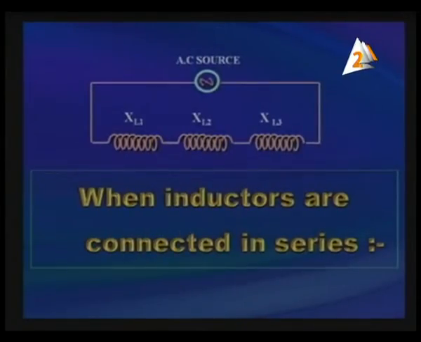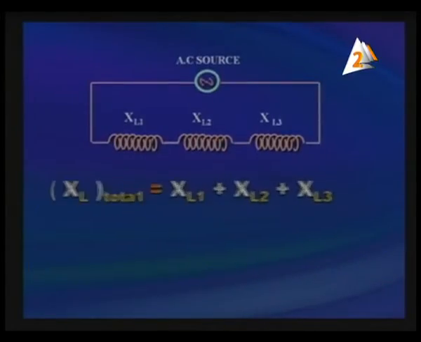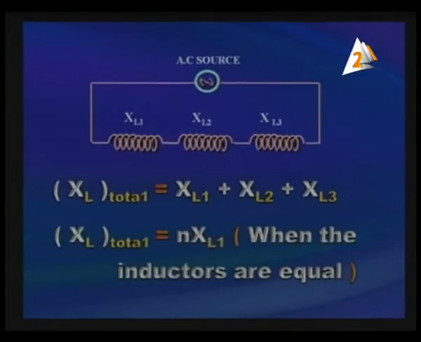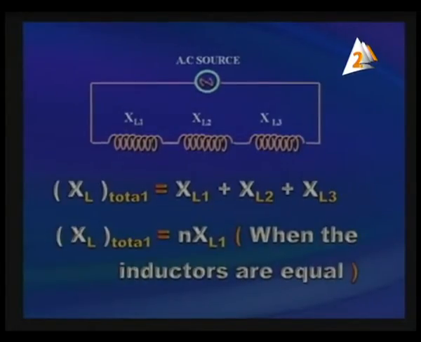Okay, and now we've got a very important piece of information. If we have many coils connected in series, XL total is equal to XL1 plus XL2 plus XL3 and so on, and of course it will be equal to N XL1 if they've got the same value.